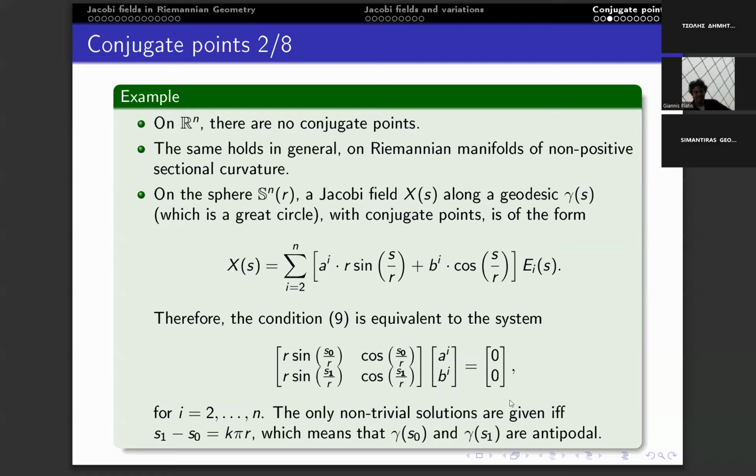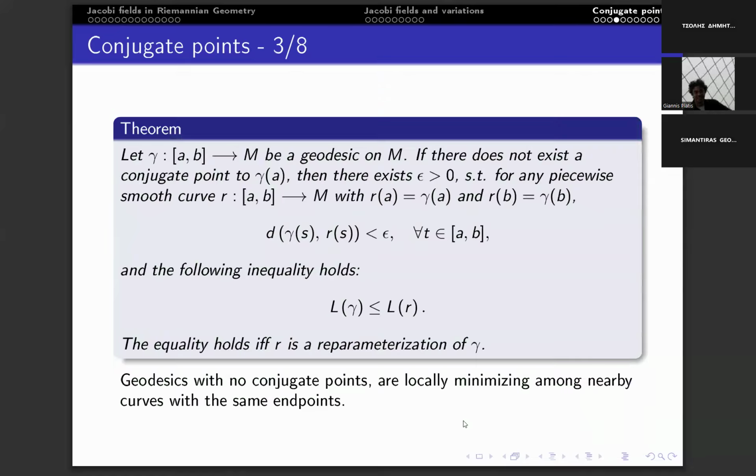The only non-trivial solutions of this system exist if and only if the difference of these two times is a multiplication of pi by an integer k, which means that the two points, gamma(s0) and gamma(s1), are antipodal or are identified.